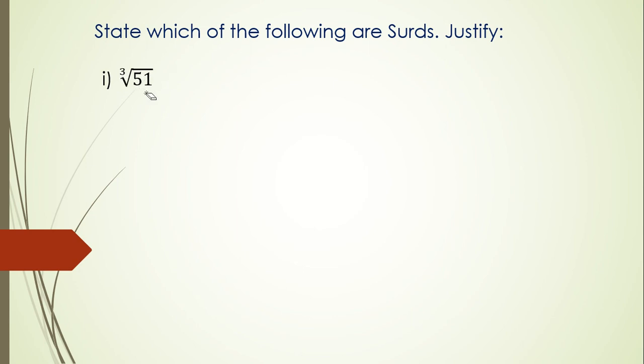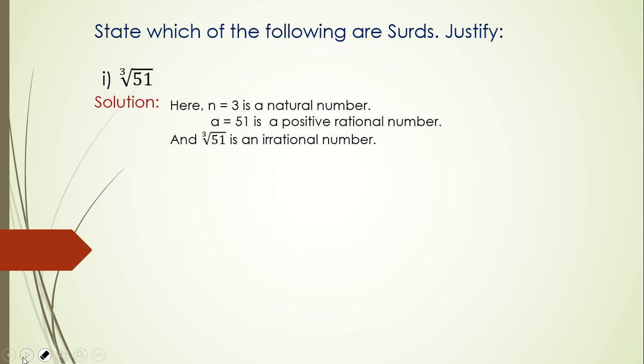And cube root of 51, is it an irrational number? Cube root of 51, yes, it is an irrational number. Therefore it is going to be a surd. N is 3, a natural number, a is 51, a positive rational number. Cube root of 51 is an irrational number. Therefore nth root of 51 is a surd.